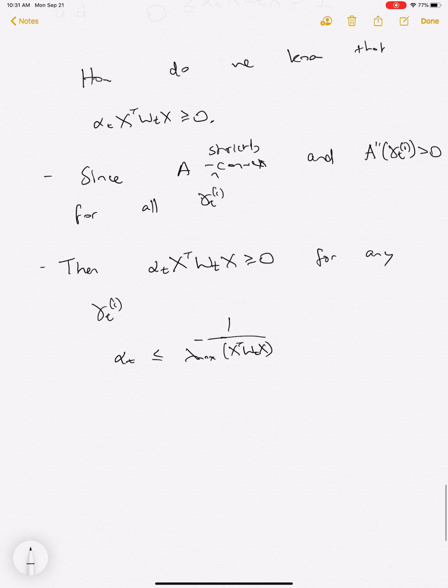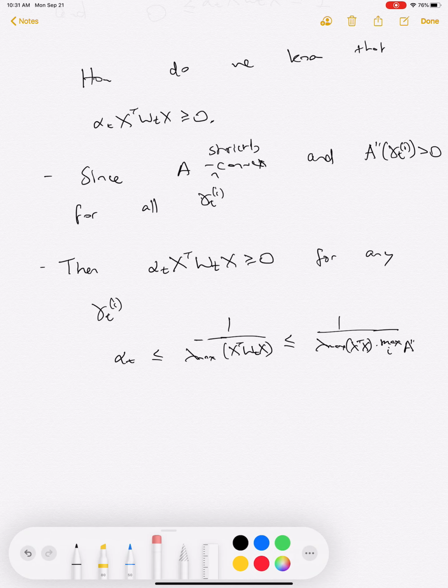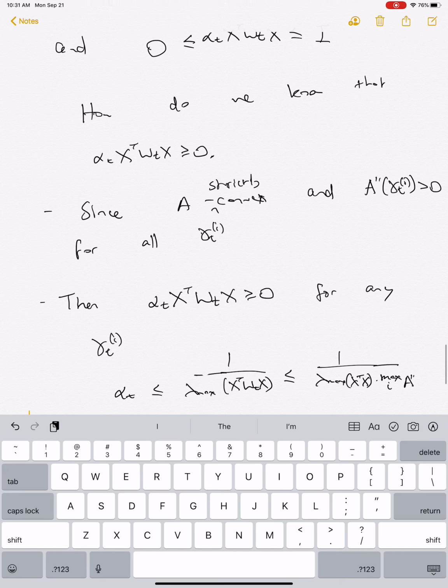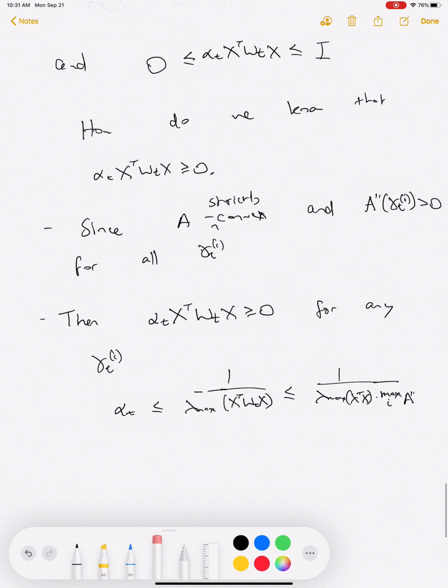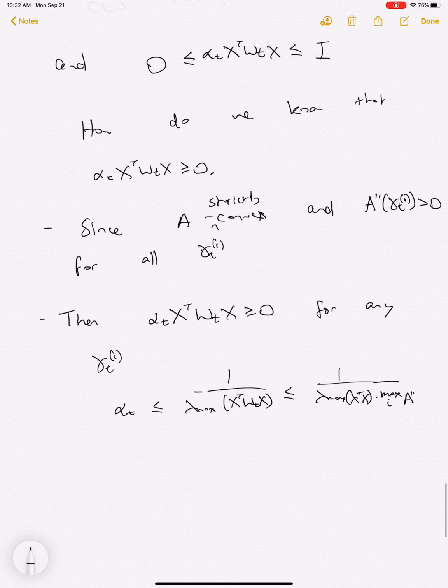And one bound you can use for that is, if the maximum eigenvalue of X transpose X times the maximum of A prime prime, sorry, I'm stuck.